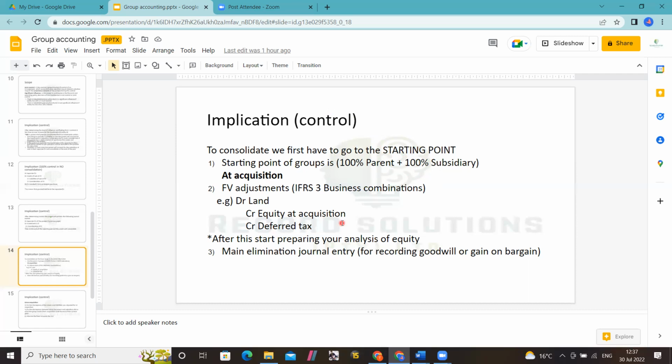Even with something like a contingent liability, because contingent liabilities are recognized here. Normally according to IFRS rules, a subsidiary does not recognize contingent liabilities. Contingent liabilities are only disclosed. And you'll see I'll be using these terms: disclosure, presentation.